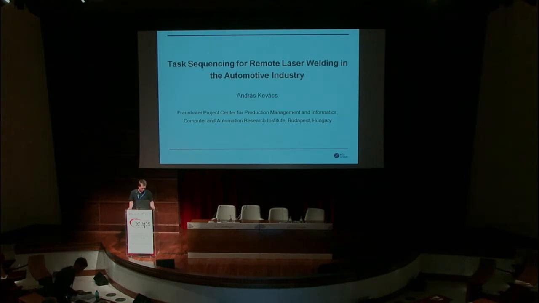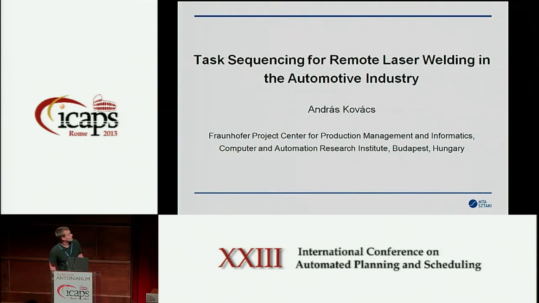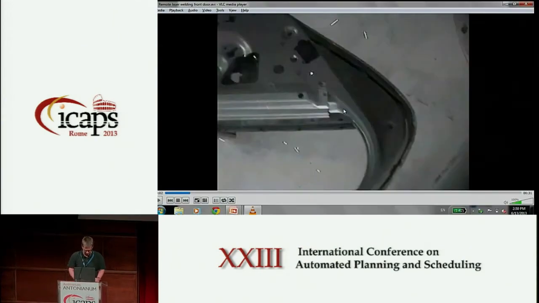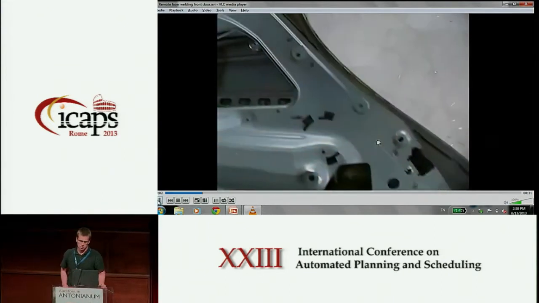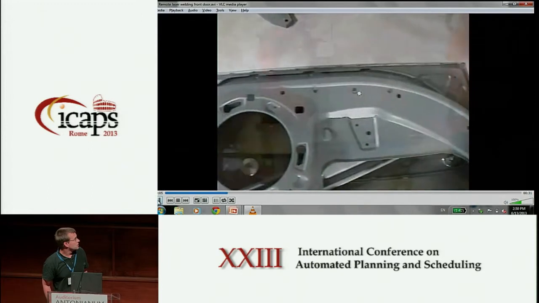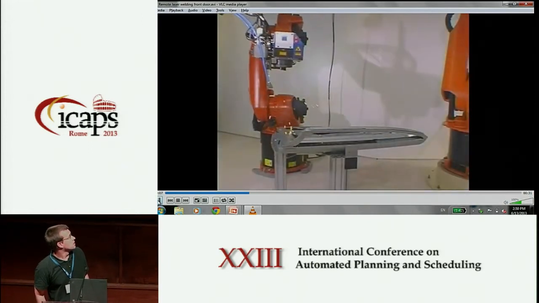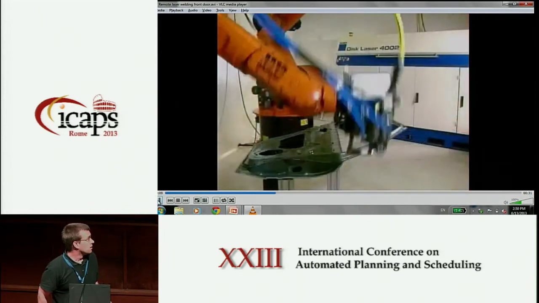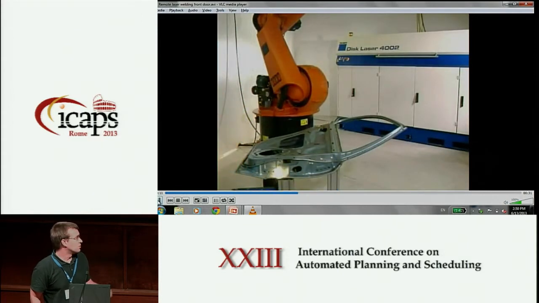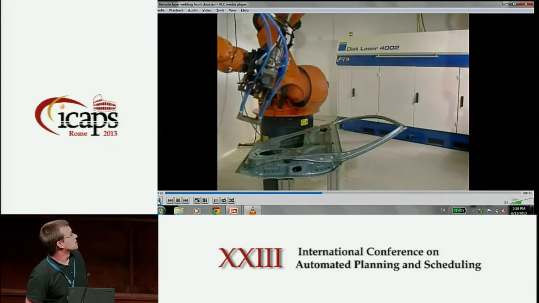So I would like to talk about integrated task sequencing and path planning for remote laser welding. And let me start the talk with a short video on the technology itself. So remote laser welding is a recent joining technology that consists in welding metal sheets by a laser beam while the welding robot just moves around the workpiece at a large distance.